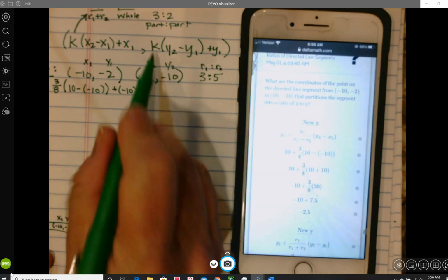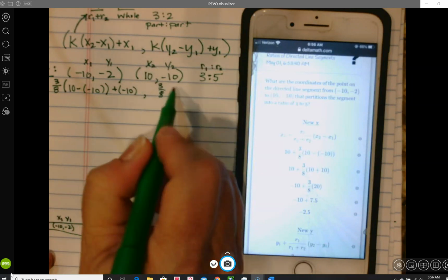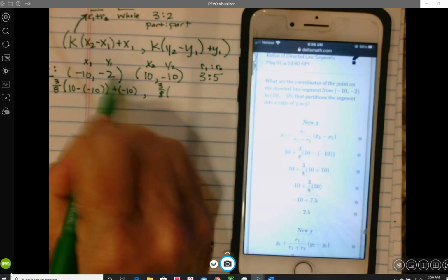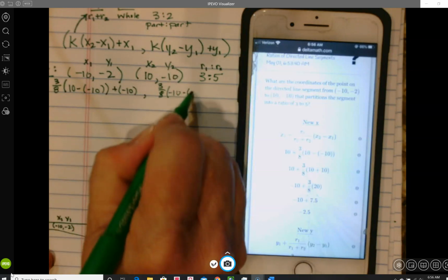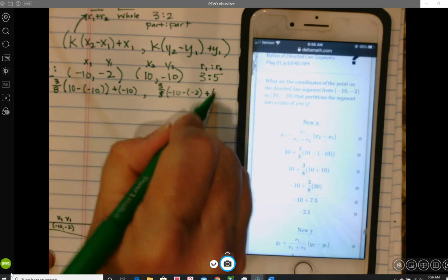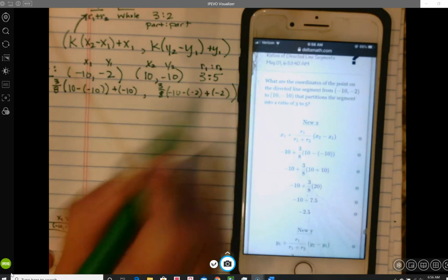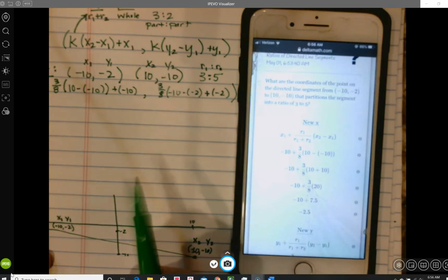And then I'm going to show the same thing for my y's, and then I'll work out the math. So my k, again, is 3/8. y2 minus y1, so that's -10 minus -2, plus my y1, which is -2. So when I work out all this math, that's going to be my ordered pair.